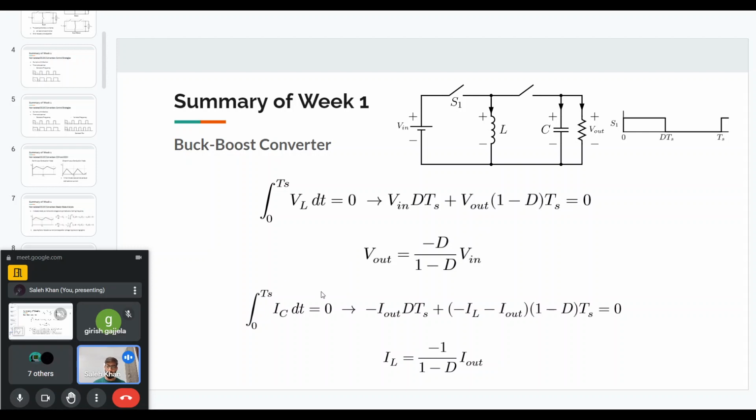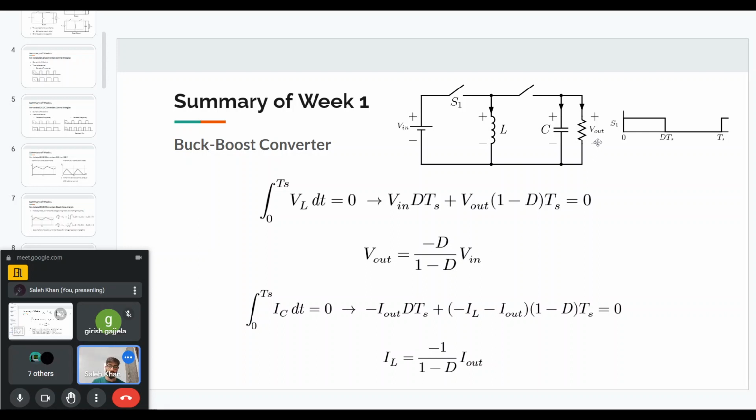And similarly, using the capacitor charge balance equation, I can find out that the average inductor current will be 1 by 1 minus d times the output current, again with a negative sign.